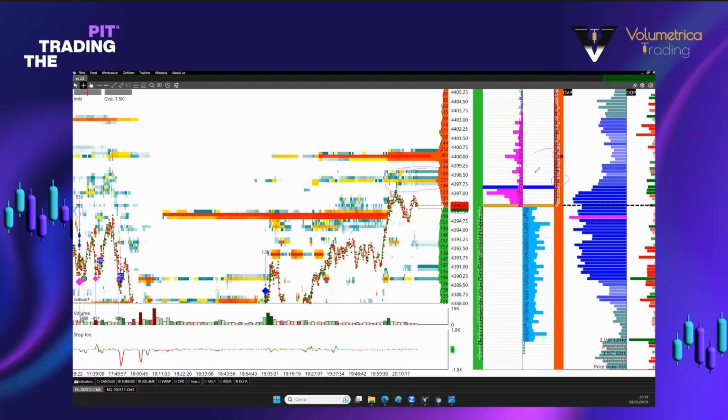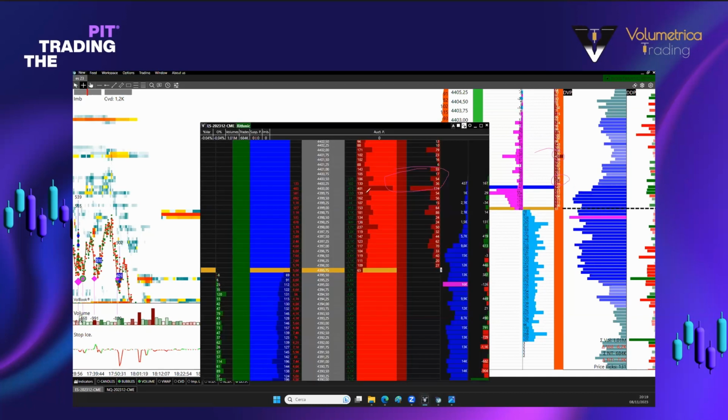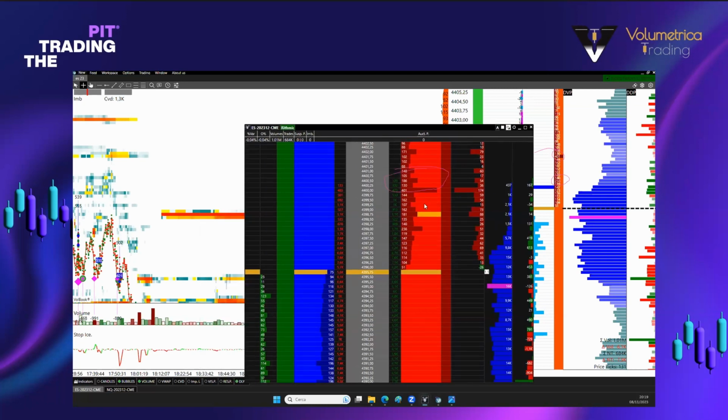So unless you are very familiar in reading the order book and analyzing raw numbers, as we are doing right now, it's not that easy to decipher the evolution and the way passive traders are actually interacting. It can be a little bit difficult.